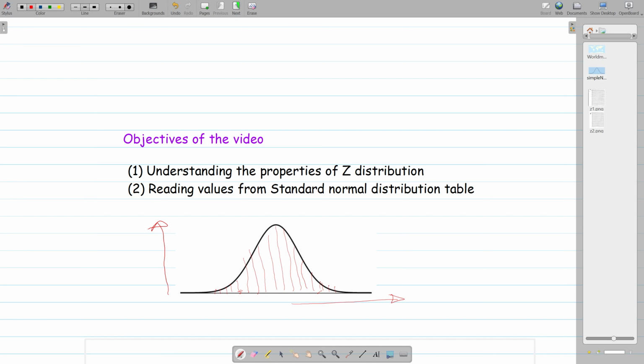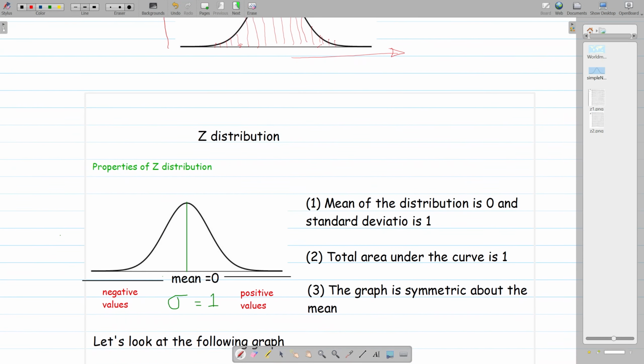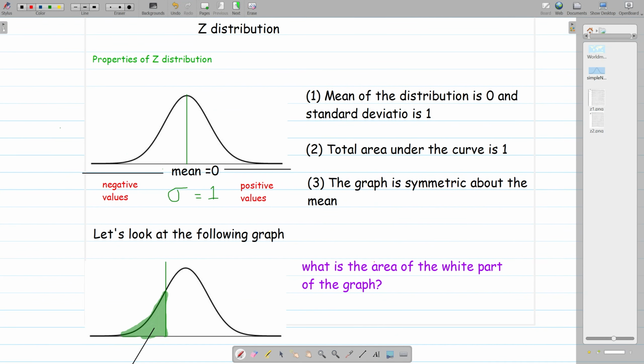First, we are going to see what the properties of this distribution are. The mean of the distribution is 0 and the standard deviation is 1. You know that the mean is denoted as mu. Mu is equal to 0 and sigma is equal to 1 for this distribution.